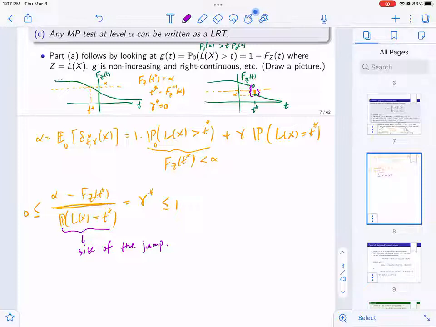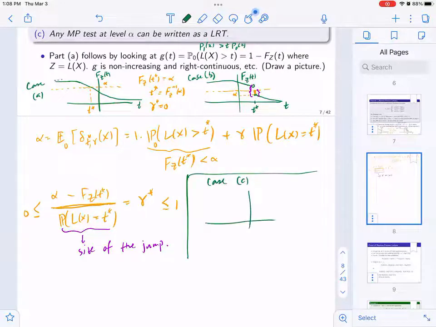You can justify this for yourself. The other case that could happen is that you get a flat piece of this complementary CDF, in which case there are many solutions. So like case B, there's also a case C, where you have something like this and then a flat piece. So when does that happen?